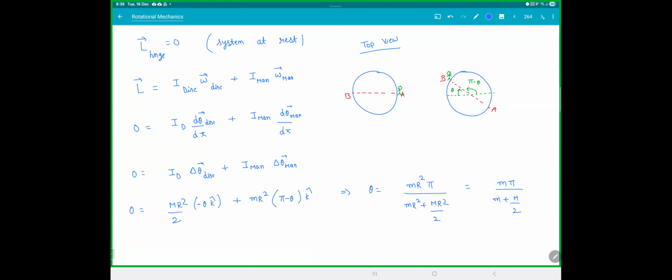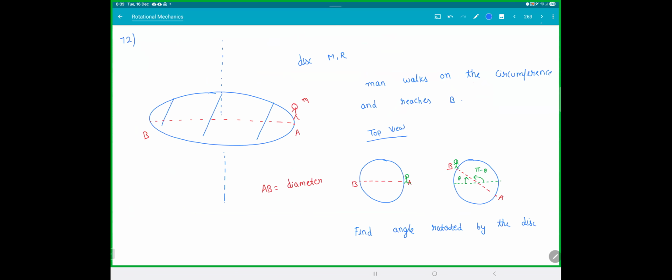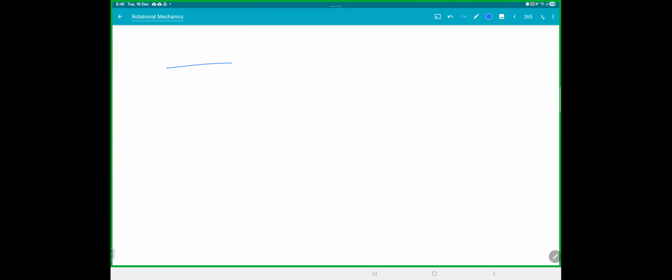Clear with this? If you see, the formula actually looks like that, right? The plank one, remember mL by m plus M? It kind of looks like that. So here the theta will be I man times pi, whatever is the angle you're rotating, divided by I man plus I disk.